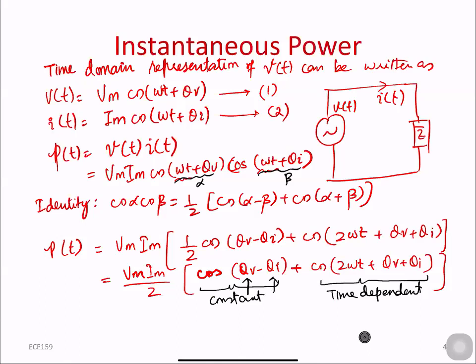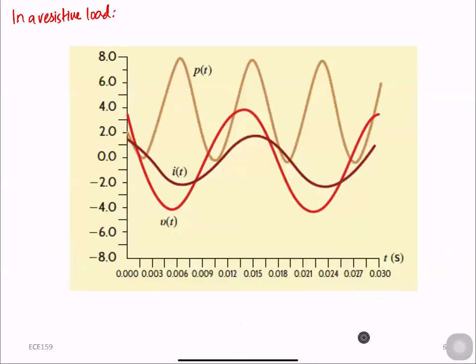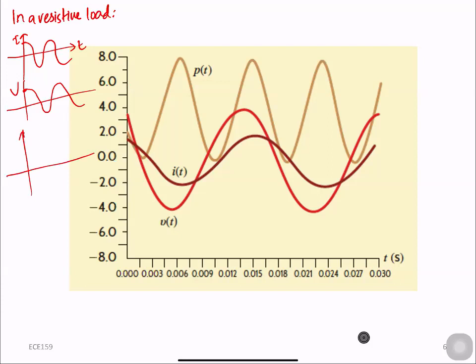If there's no phase difference between current and voltage, if I represent the current as this waveform, this is my current with respect to time, the voltage is going to be exactly in the same phase as the current for the resistive load. So what is going to be the power with respect to time? If you see the peak point here for the current and the peak point of voltage Vm, both are positive.